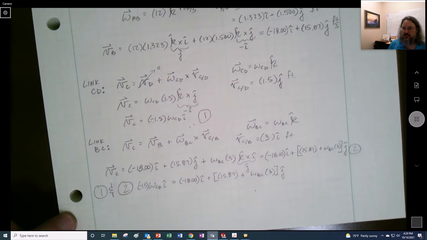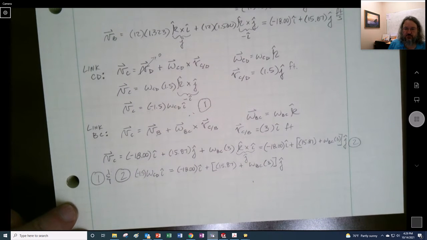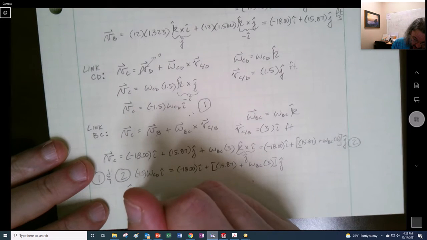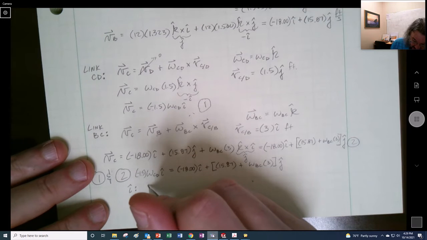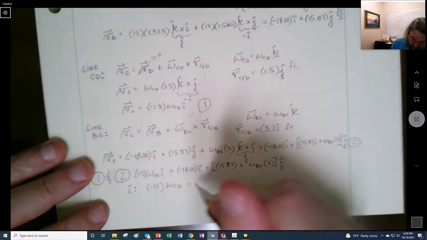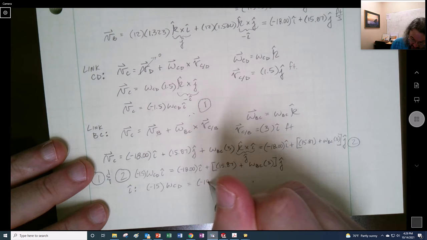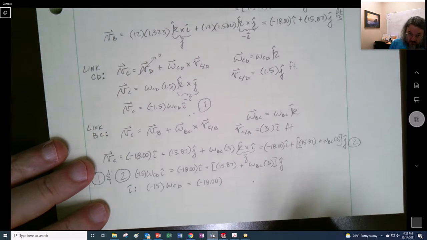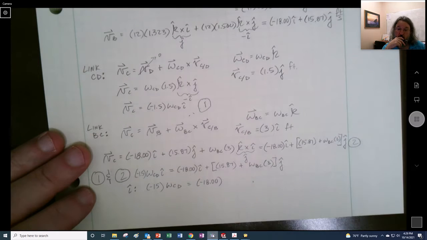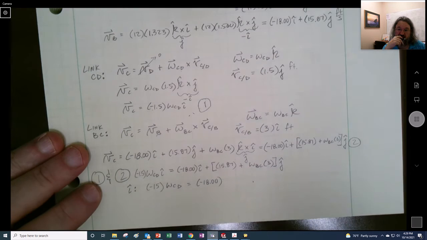Now separate these into two parts, into i and j. So the i says that we have negative 1.5 omega CD is equal to negative 18. Is that true? Let me see something here. I just want to double check.